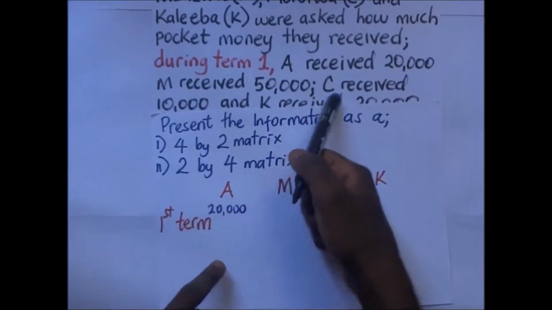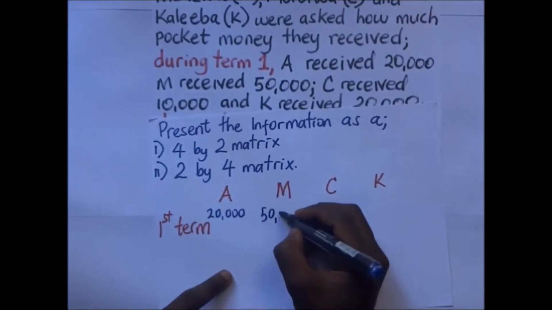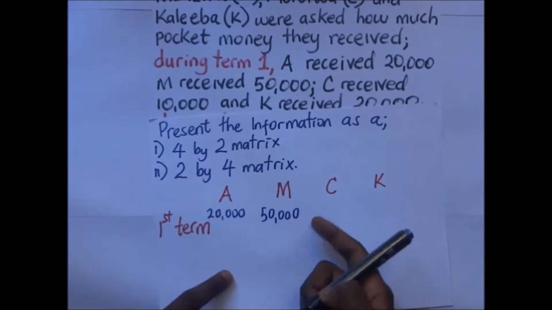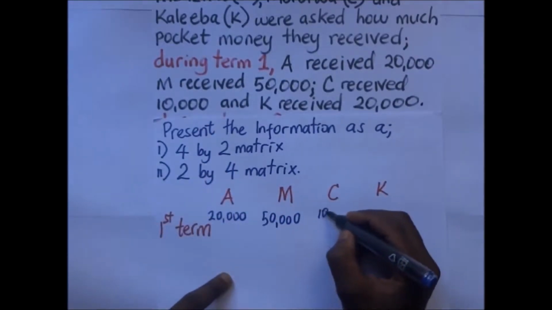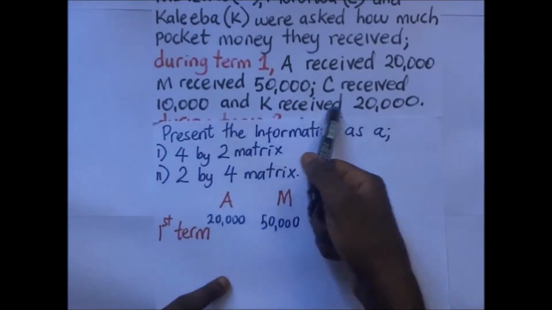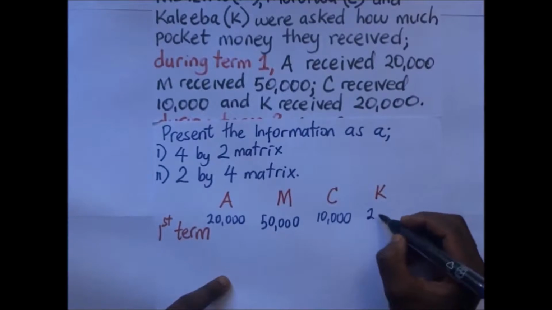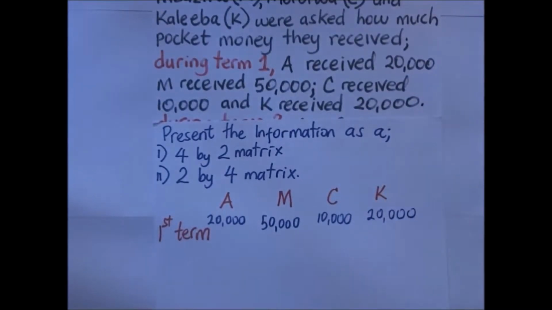M received 50,000. C received 10,000. And K received 20,000. That is in the first term.